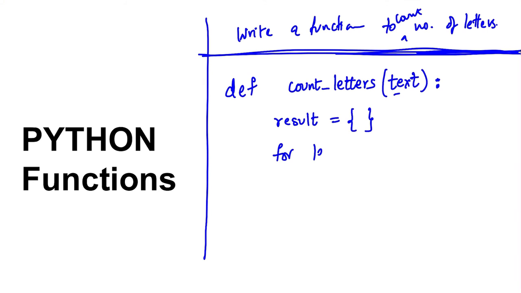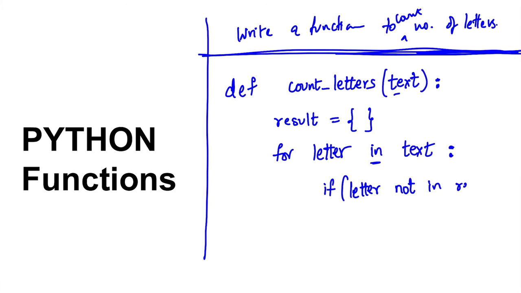The next one is a for loop: for letter in text. We are using the in keyword over here. Then indentation and an if condition: if letter not in result.